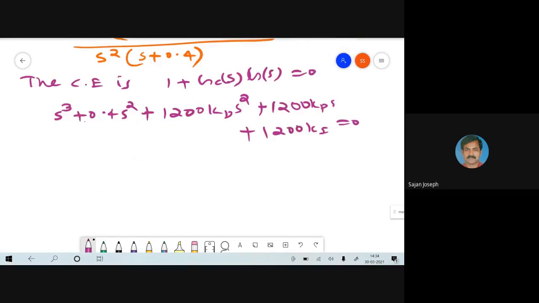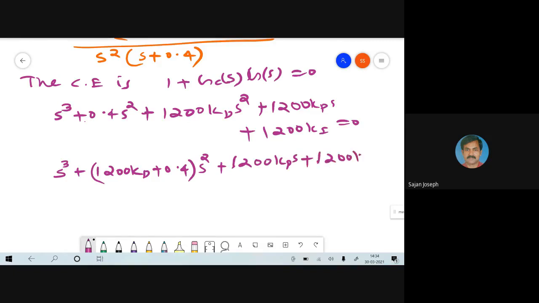This is the characteristic equation, and the s² terms can be grouped: s³ + (1200 Kd + 0.4) s² + 1200 Kp s + 1200 Ki = 0.